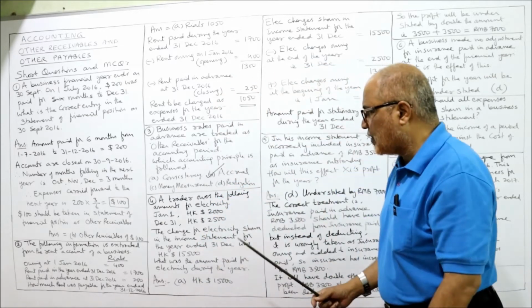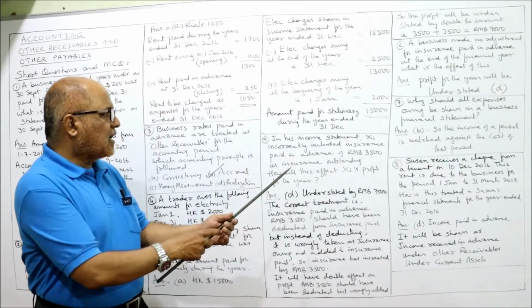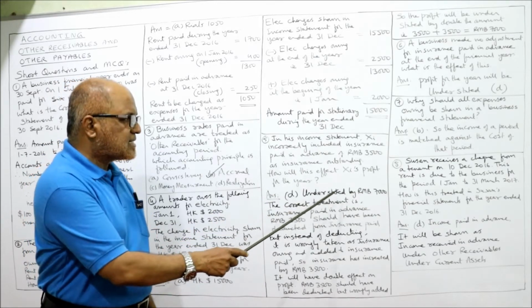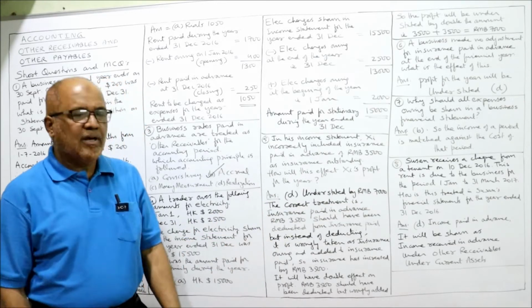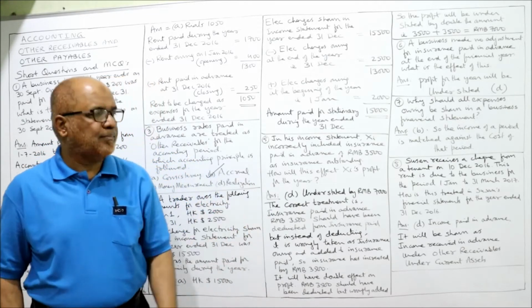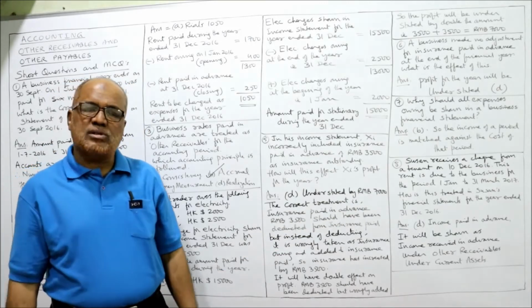Now the answer solution for this is like this. In his income statement, Zai incorrectly included. The answer is D, understated by RMB 7,000. Just focus on the solution; the problem is there in the sheet. Understated by RMB 7,000. How 7,000?